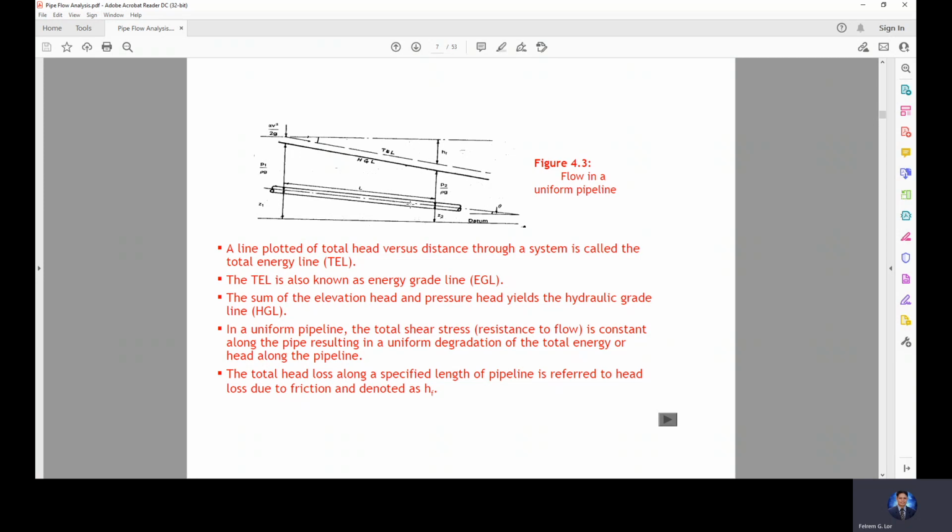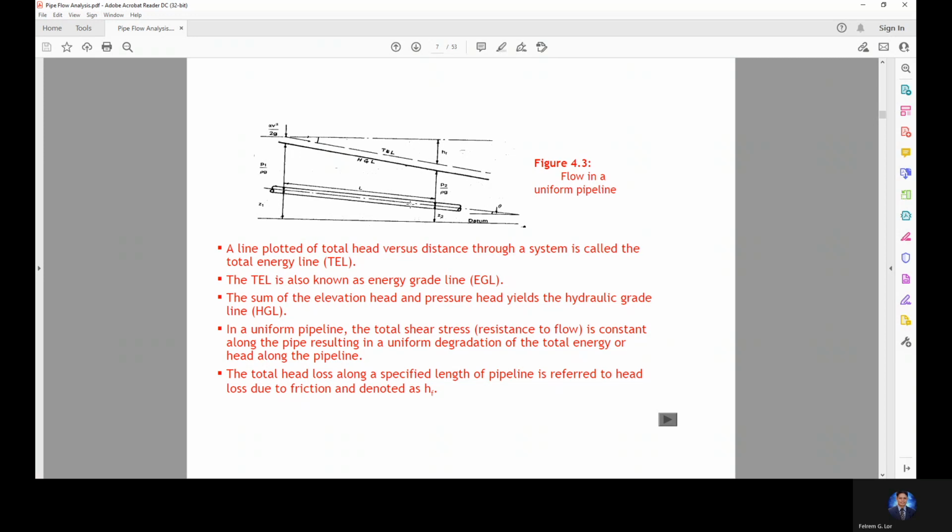In fact, we're going to calculate the head loss due to friction. We don't calculate the friction force itself, but we need to know the head loss so that we can design the pipe in such a way that the pressure requirement is being met.